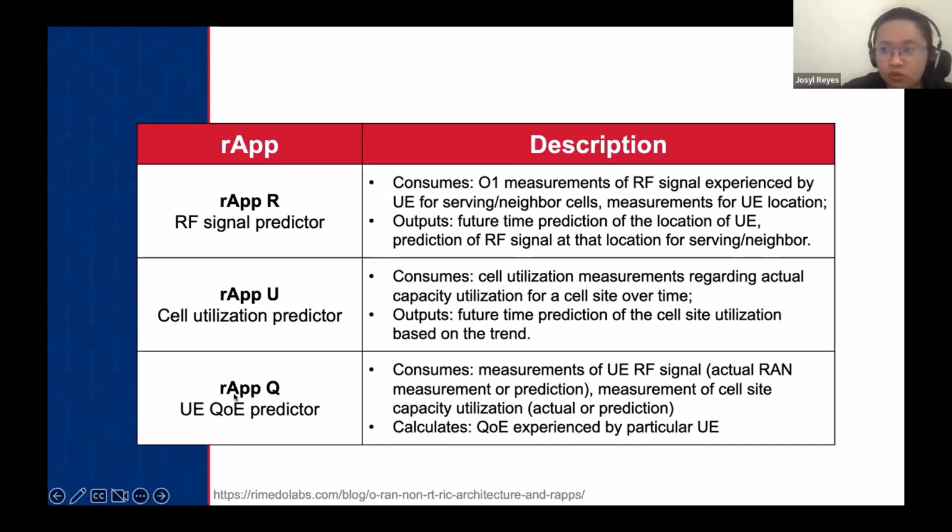Our rApp Q, or UE QoE predictor. QoE is quality of experience. It's one way to measure whether the end user is happy with the service or not. So it measures the UE RF signal and the measurement of cell site capacity utilization, and then it is predicting what is the quality of experience of the UE.